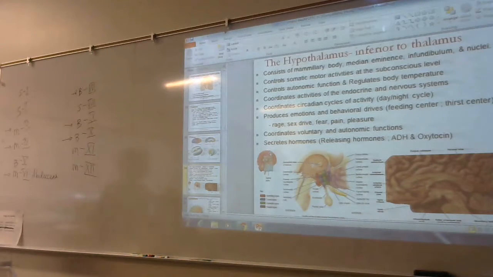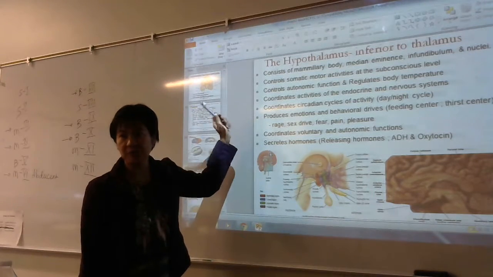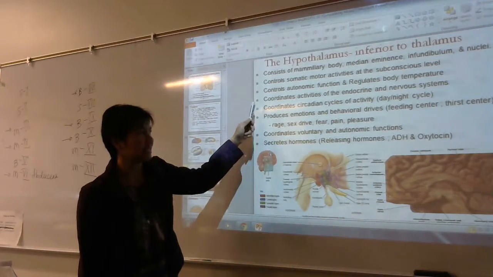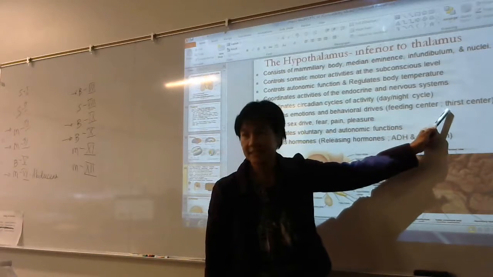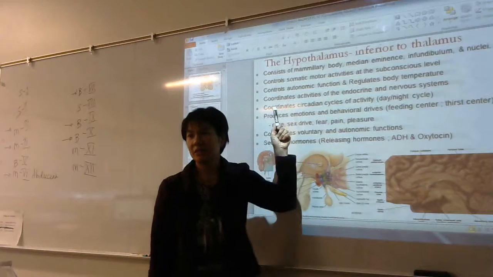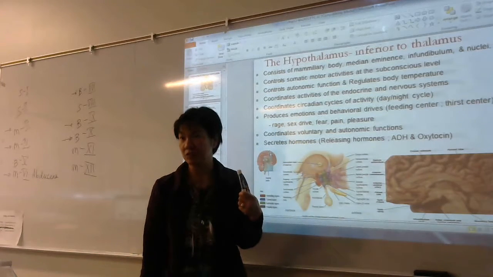H for homeostasis. The hypothalamus is the major part of the brain for homeostasis. Look at what it has. It has the feeding center, the thirst center. It also has your thermostat. In other words, it has receptors for the level of sugar in the blood.